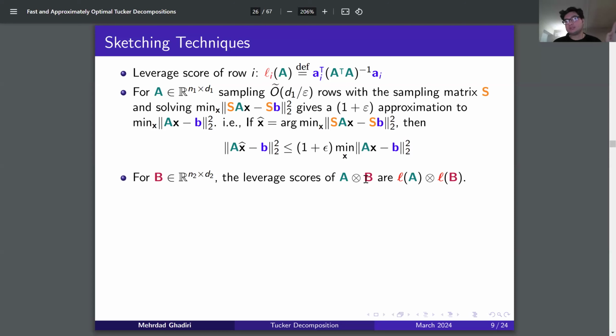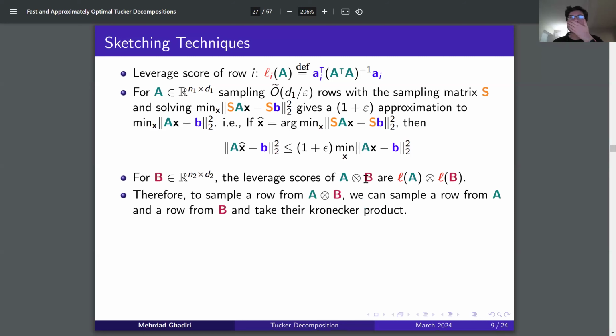That would give you the leverage score for the row in A Kronecker product B. So this means that I can sample much faster from them as well. I sample one row from A, I sample one row from B, and take the Kronecker product of those rows. And that would be a valid sample from A Kronecker product B.